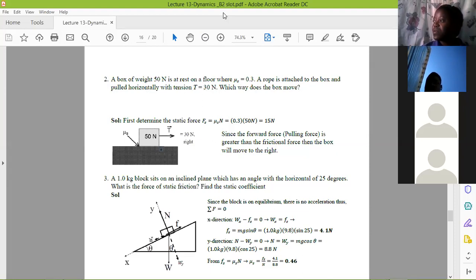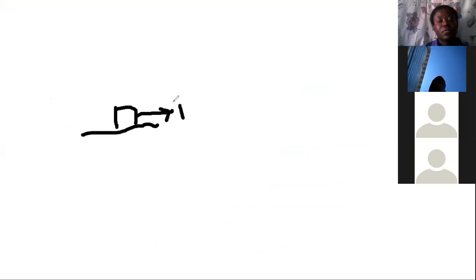Okay, so you are given a box, and you attach a rope with a force, a tension force.